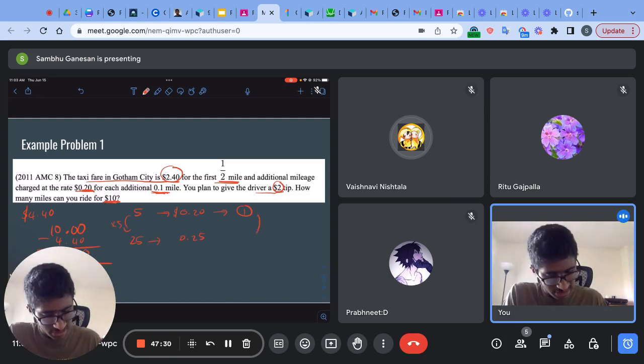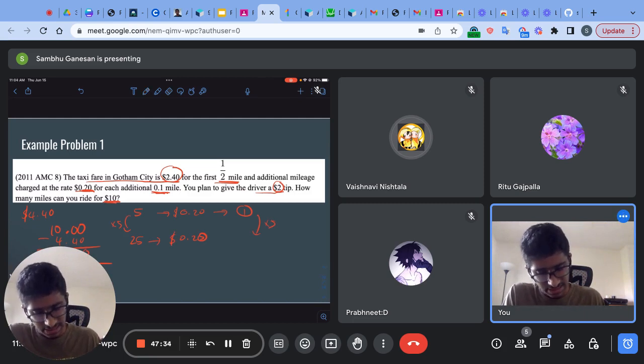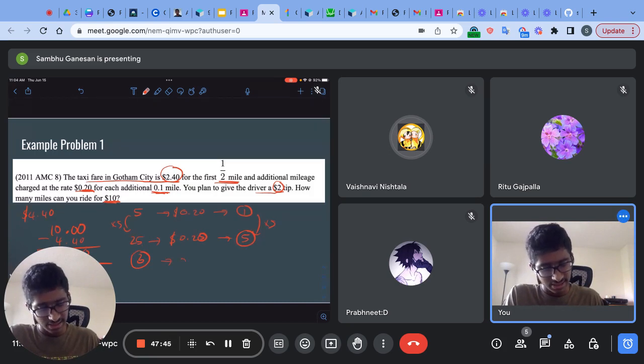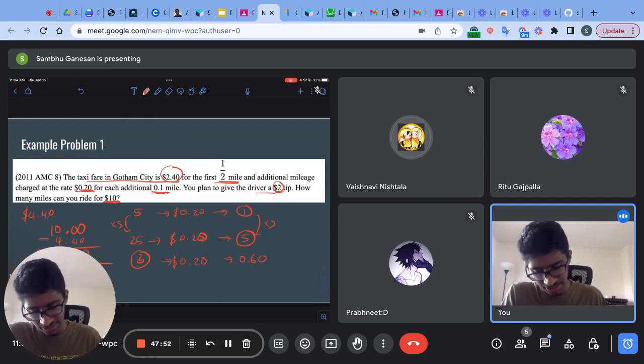So 25 20-cent coins to get $5. And then you want three extra 20-cent coins to get 60 cents. So when you add these all up, you should get $5.60.